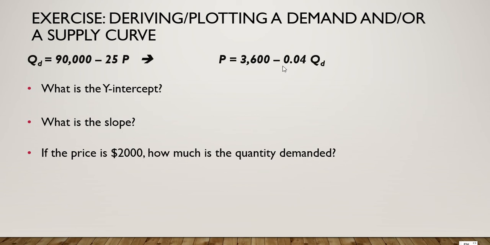So if we go from this equation here, the inverse form, what is the y-intercept? What is the slope? By knowing this, it can help us plot the linear demand curve. And then lastly, if the price is $2,000, how much is the quantity demanded?